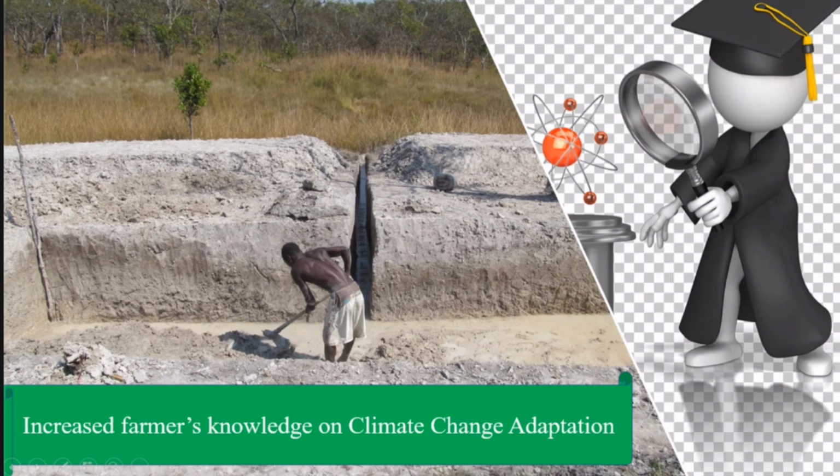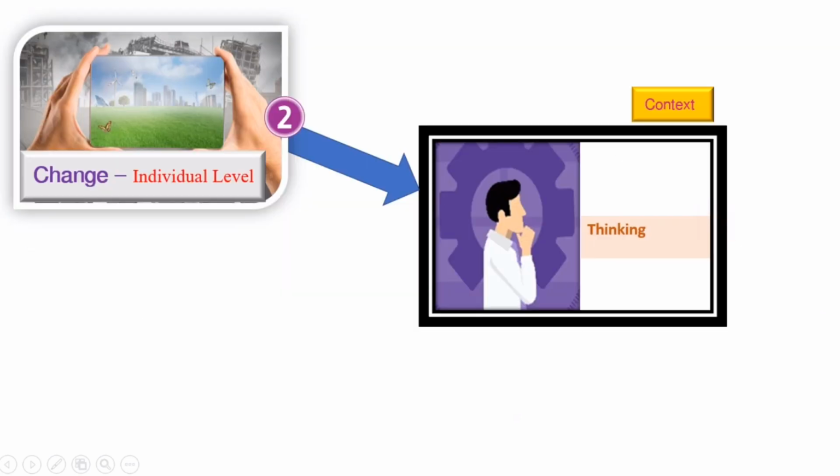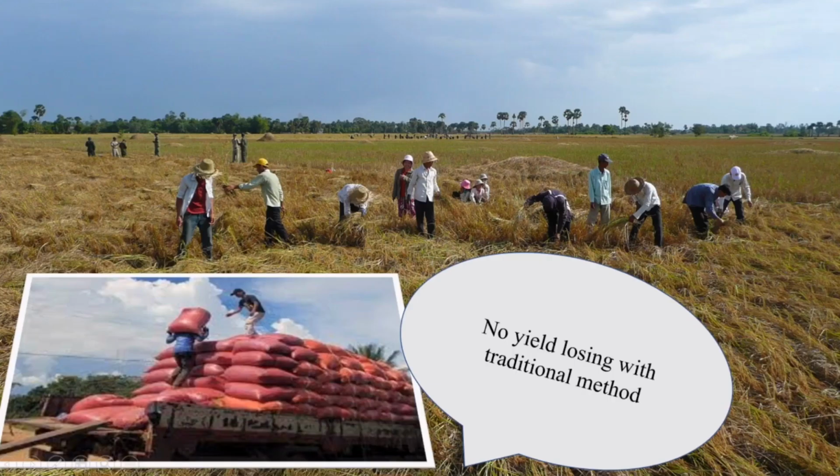Next one, let's look at thinking or perception. The same thing, we generate the expected outcome from the context of the perception as well. Let's look together. What is the perception that our farmers have? One of the perceptions they have is that there's no yield loss with the traditional method.